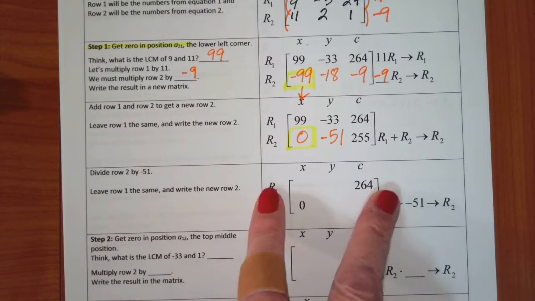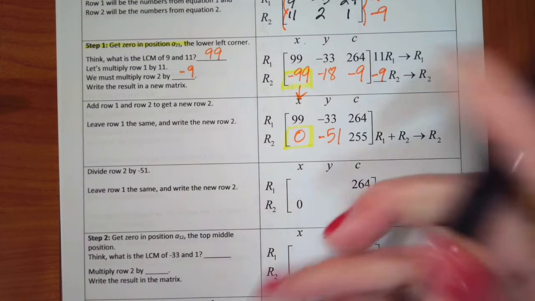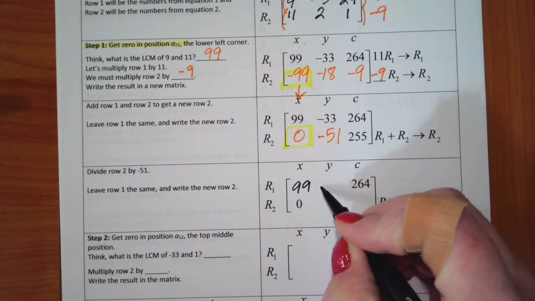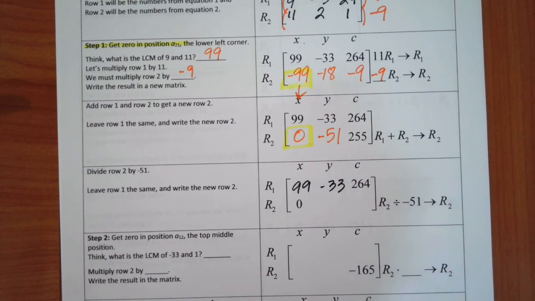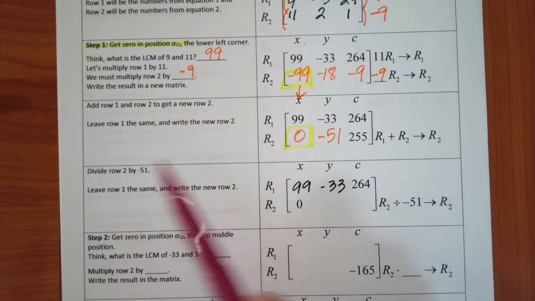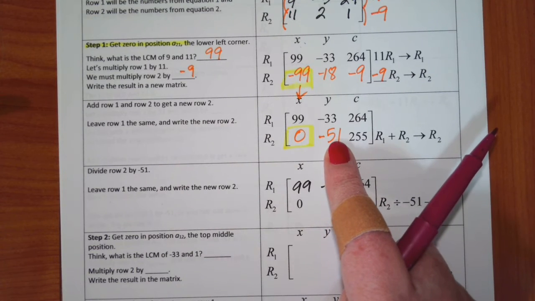So what I'm going to do now is leave row 1 the same. So row 1 is going to remain 99, negative 33, 264. But my new row, I am going to divide row 2 by negative 51.